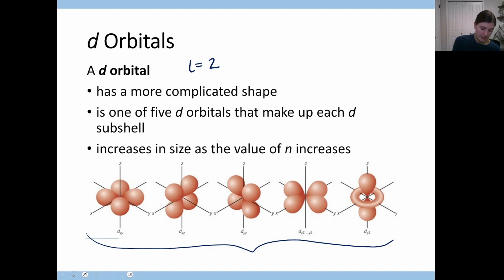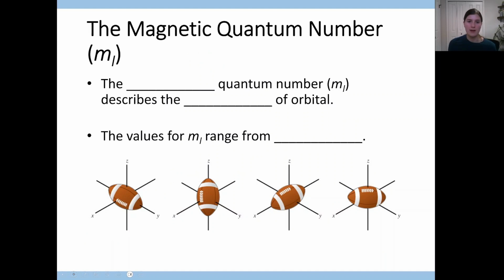So the next quantum number, the magnetic quantum number, describes the orientation of the orbital. So the values for m with a subscript lowercase l range from negative L, whatever value that L value is, to positive L.